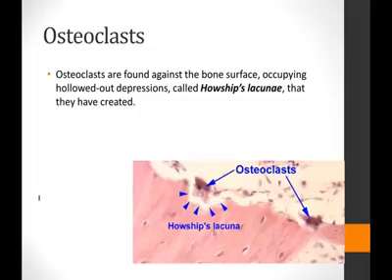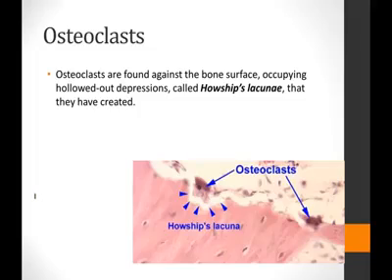The surface of the bone with which the osteoclasts attach, or the surface of the bone which the osteoclasts have to resorb, that surface throws itself into a hollowed out concavity.